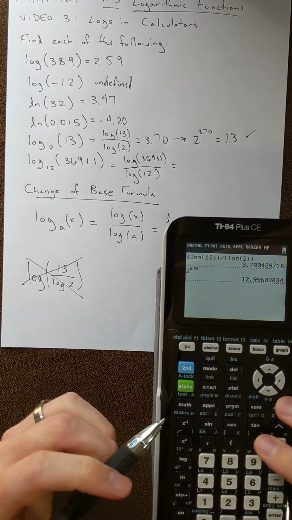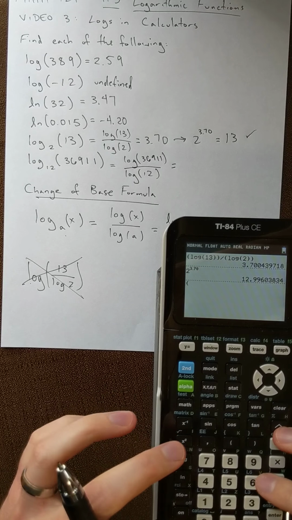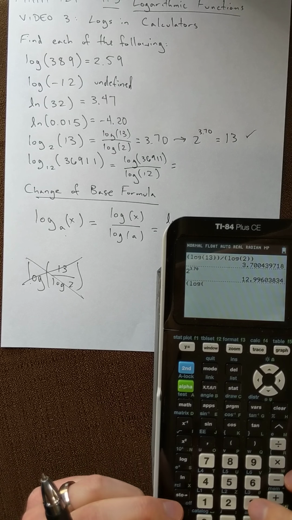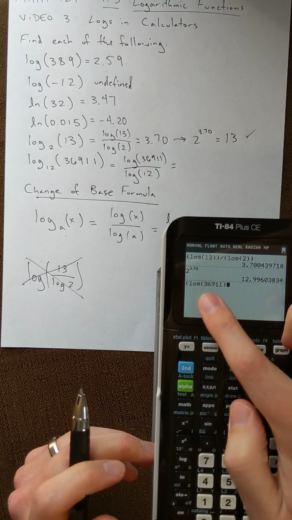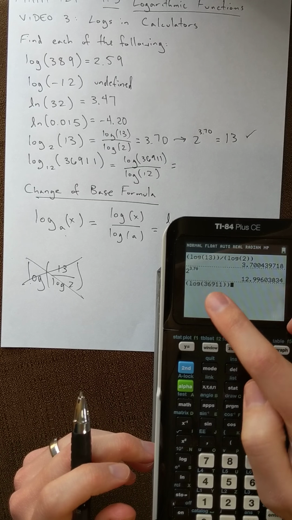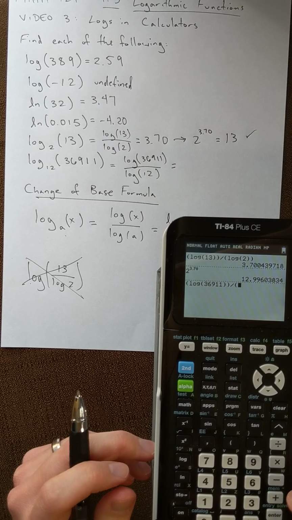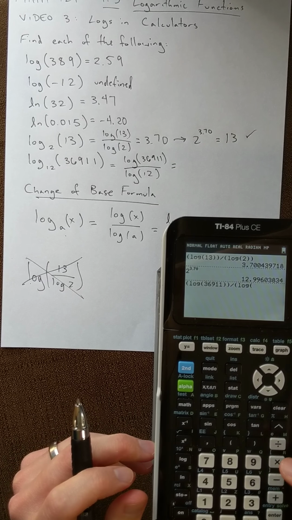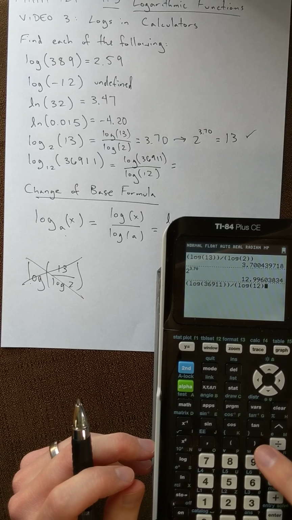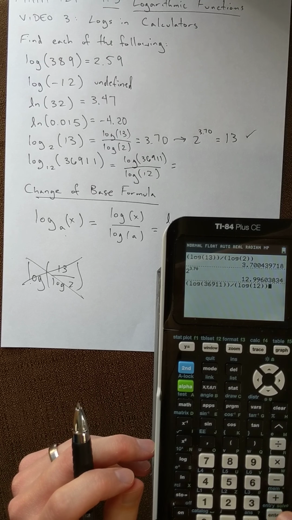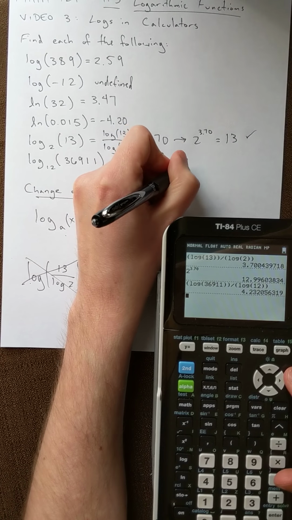Okay, so let me hit parentheses for the start of the numerator, log button, 36911, close parentheses for the log, close parentheses for the numerator, divided by start parentheses for the denominator, log 12, close parentheses for the log, close parentheses for the denominator, and then I hit equals and I get 4.232.